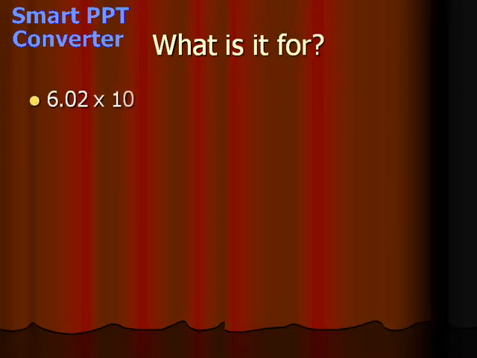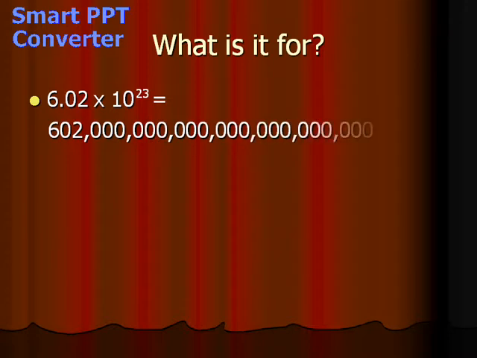Now, it has been used in various ways, but before we get to it, I should tell you that 6.02 is a big number. Namely, it is 602 with 21 zeros right after it. So it's a big number.